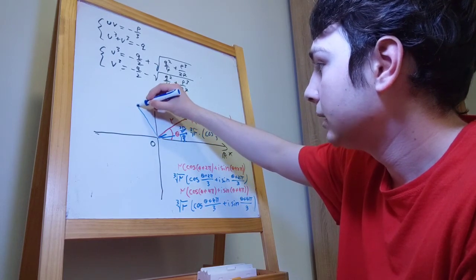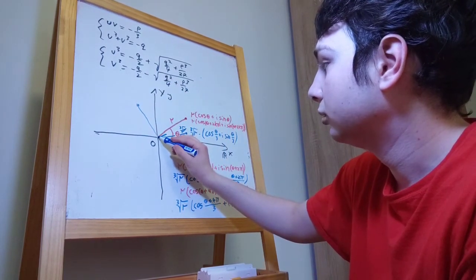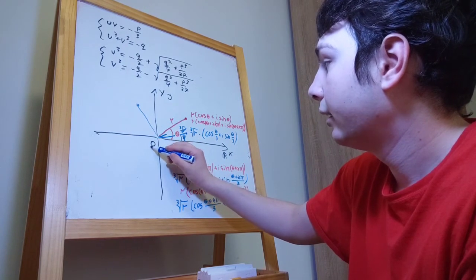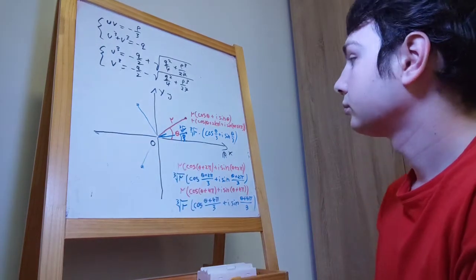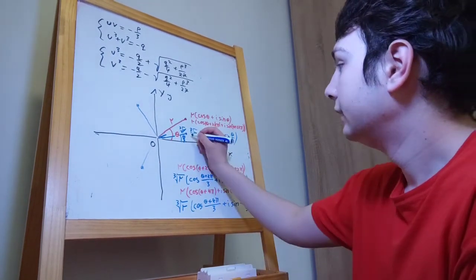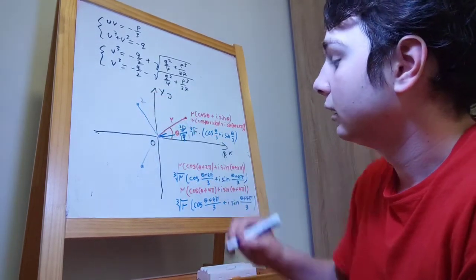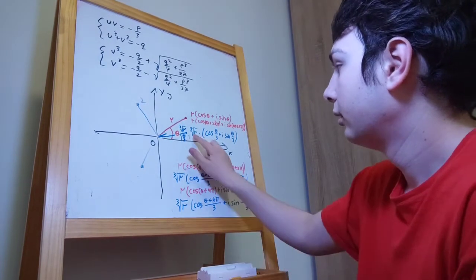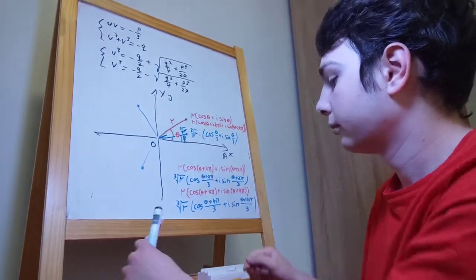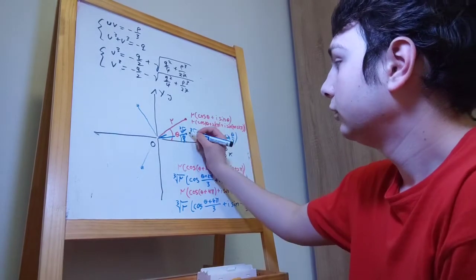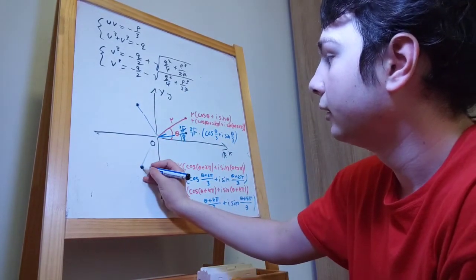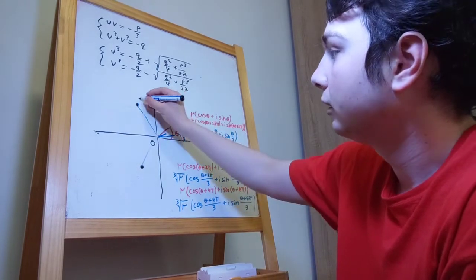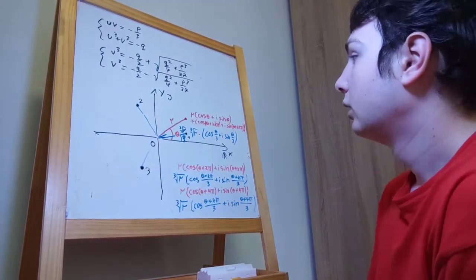So that would be the second root, and I'll just draw the third root right here. So you can see them right here, 1, 2, 3. These are the 3 cube roots.